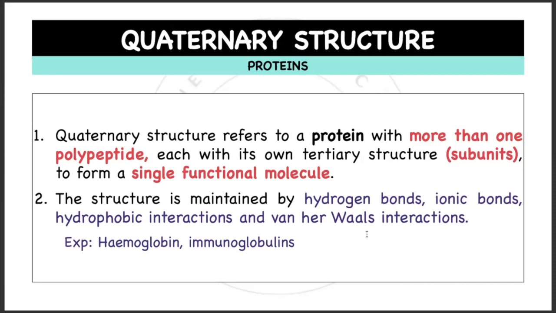An example would be hemoglobin and also immunoglobulins. Here, you combine multiple tertiary proteins to become one quaternary protein, and the overall structure is usually globular in shape. Remember that hemoglobin is a form of quaternary protein structure, whereas myoglobin is a form of tertiary protein structure. Do not get confused between these two.